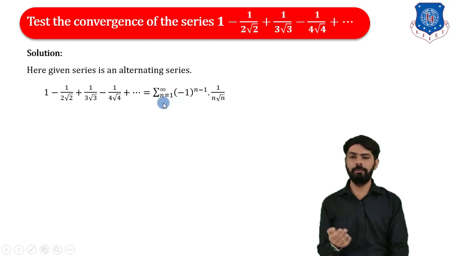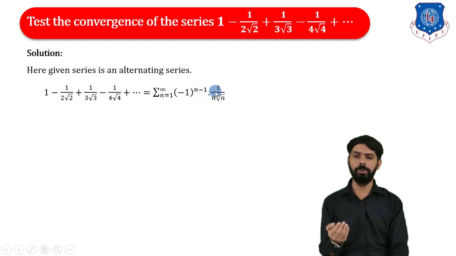Because here if we put n is equal to 1 in this, it will be (-1) raised to 1 minus 1, so it will be (-1) raised to 0, so it will be 1 into 1 divided by 1 root 1. So the first term will be 1. Now for the second term, if we put n is equal to 2 in this, then it will be (-1) raised to 2 minus 1, so it will be (-1) raised to 1.